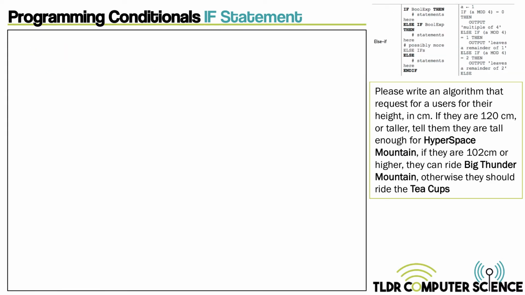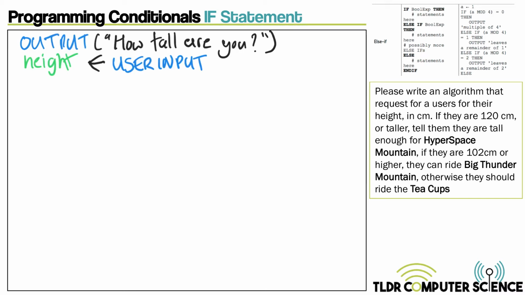Okay, we're going to more fully expand our solution from last time. So I'm going to have similar things from before. In fact, just pause for a second. I'm going to put some bits and pieces in. Okay, so we've done the first part, asked how tall they are, allowed them to input it.